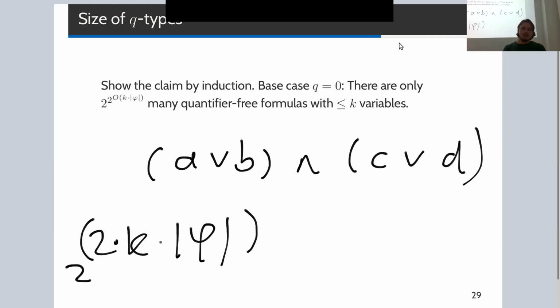So this has bounded the number of clauses that you have to k times 2 raised by 2 times k times phi. And the number of formulas is then every possible subset of the clauses. So you raise it by another exponent, and this then bounds the number of possible formulas of this type, if you assume that they're in conjunctive normal form.